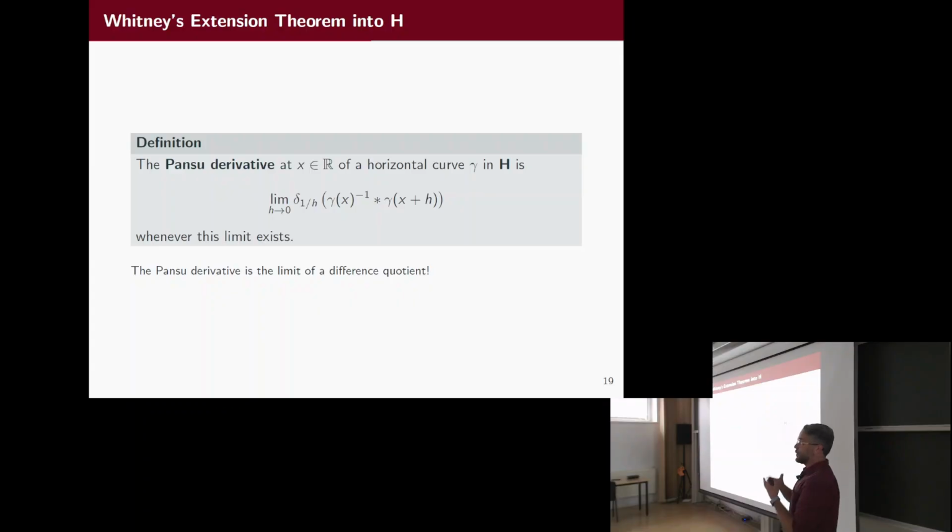Lipschitz maps between Carnot groups are Pansu differentiable almost everywhere. And so it's a very natural notion. It turns out it's still a difference quotient: f of x plus h minus f of x divided by h. This is that dilation thing. This is just a difference quotient using the language of our Lie group.